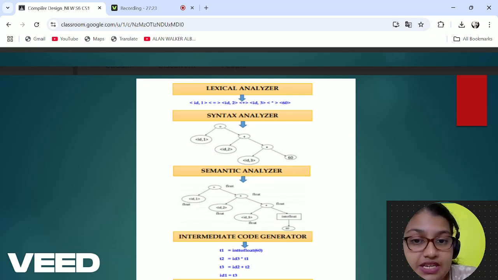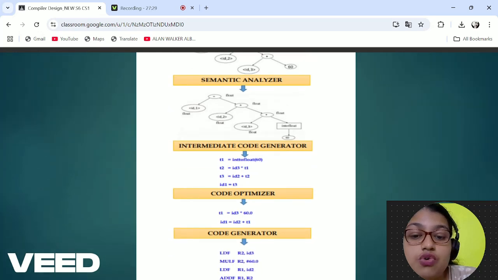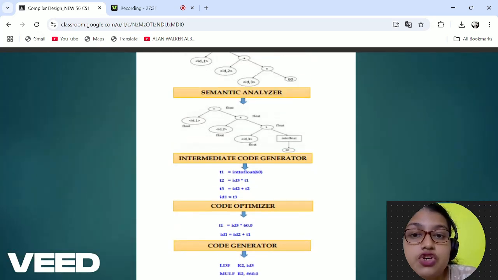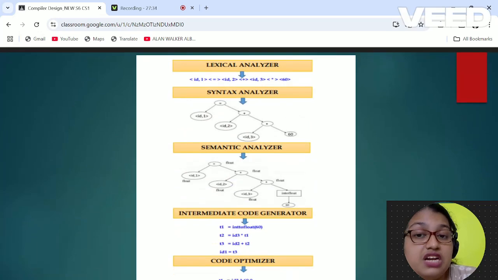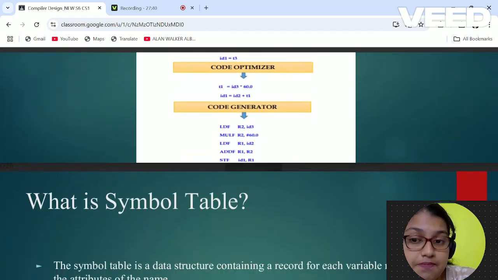So the first step is the lexical analyzer, then the syntax analyzer, the semantic analyzer, the intermediate code generator, the code optimizer, and the code generator. This much you have to do. And if this is for a 10-mark question about the 6 phases of a compiler, you also have to include the symbol table.